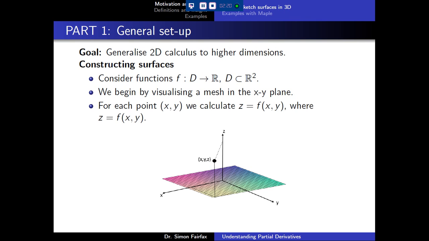Every point, so I've just highlighted one point in the mesh, I put it into the function, and I've got some height, and we can see from the picture it's just a single point. But if we do this for all the points in our domain, we will get some surface. So that's how we're going to construct our surfaces.